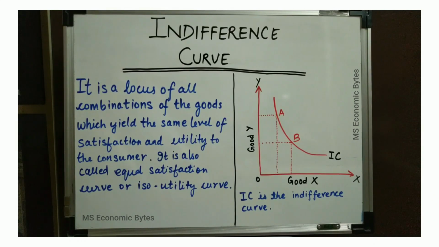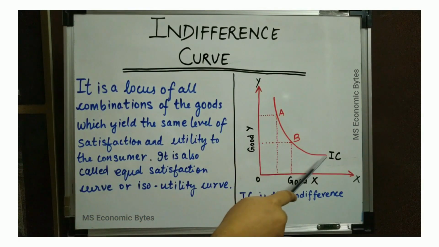But what makes the indifference curve special or different? It is trying to depict that it shows combinations of two goods yielding the same level of satisfaction and utility to the consumer. That means whether it is at point A or at point B, the combination of good X and Y at point A is different from the combination at point B, but both points give the same level of satisfaction to the consumer.